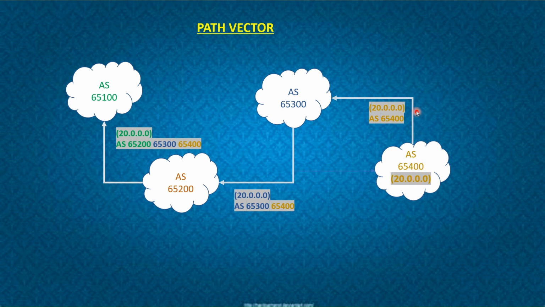When this AS advertises this network, and it reaches AS 65100, this router has complete visibility of this route, like from where it has been learned. So it gets to know that it is coming from 65200, and before that it was coming from 65300 and 65400. So this is how this router has complete visibility of this network. That's why we call it path vector.